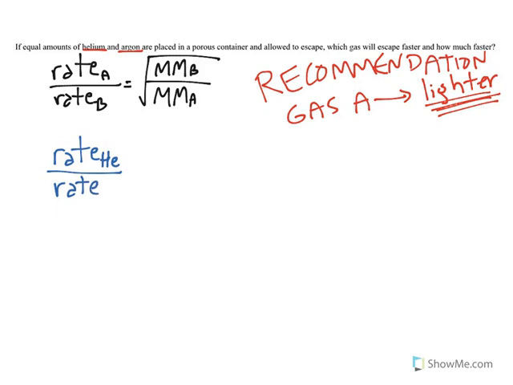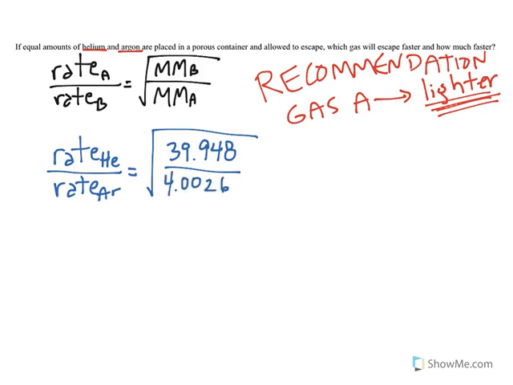It is equal to the square root of their molar masses, which we can find on the periodic table. The molar mass of argon is 39.948, and the molar mass of helium is 4.0026.